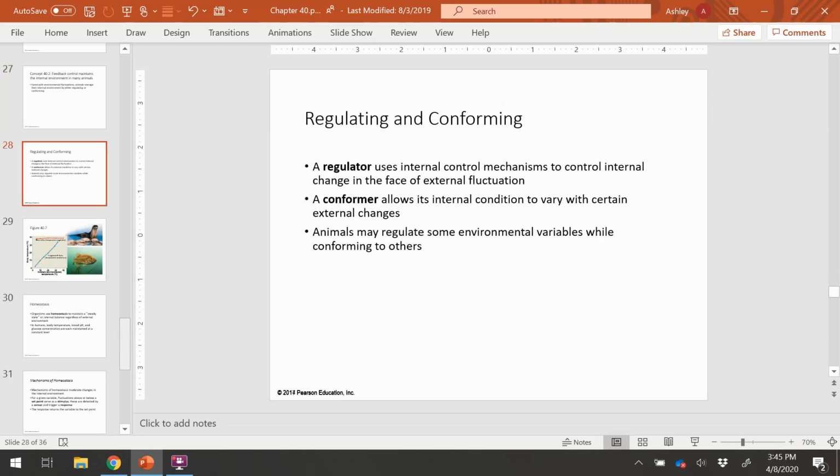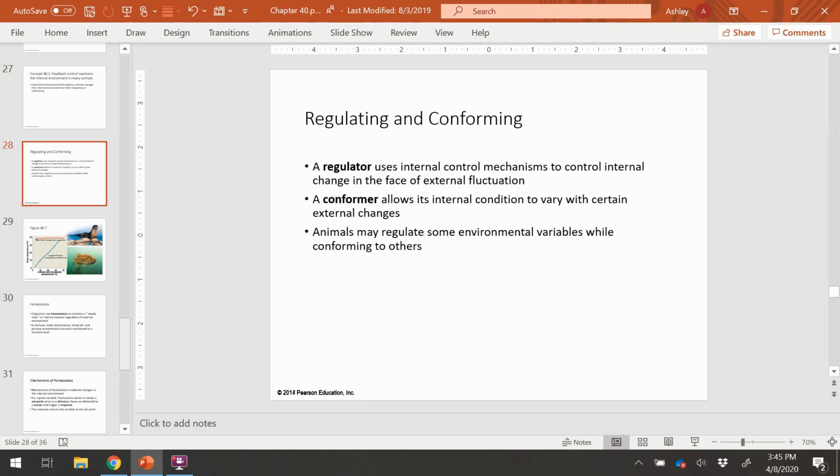A regulator controls its internal changes when the external environment fluctuates. So a regulator basically maintains its own usually steady state of temperature or pH or whatever type of environment they're faced with, where their external environment is different.